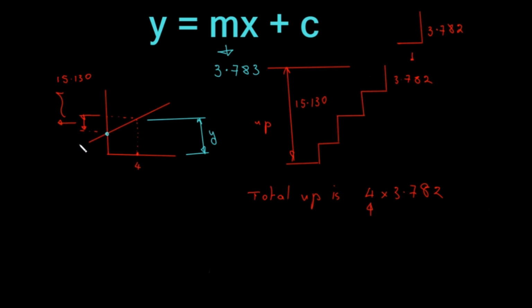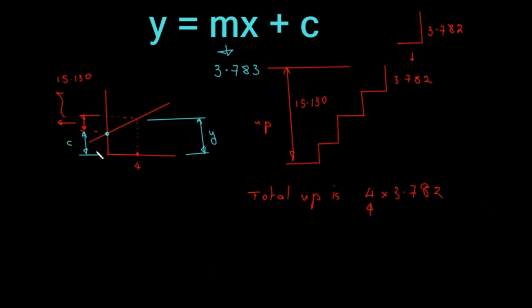So we need to add to it that bit, from there to there. That's what this is, but we need to add to it. And that is your C value.